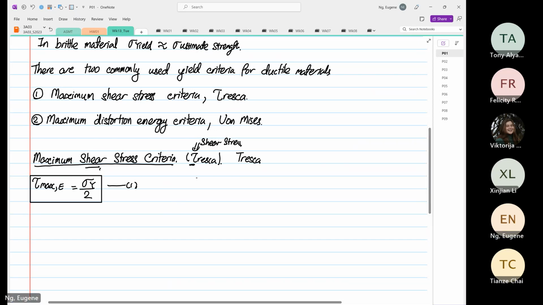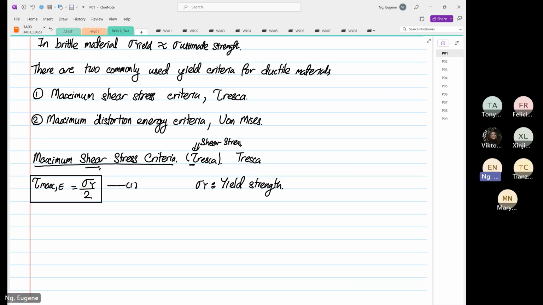where stress Y, capital Y, is the yield strength. This yield strength is a material property.